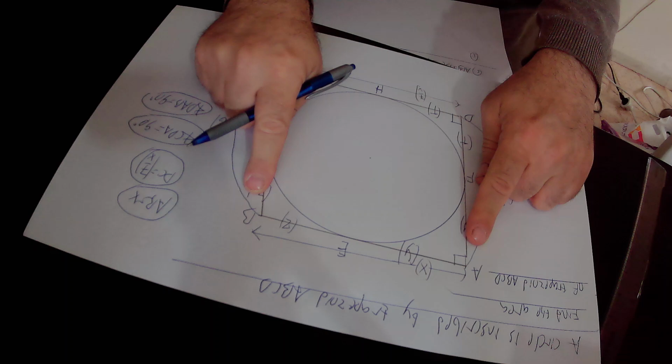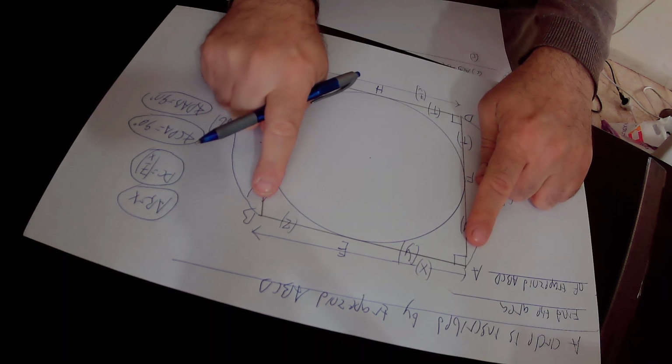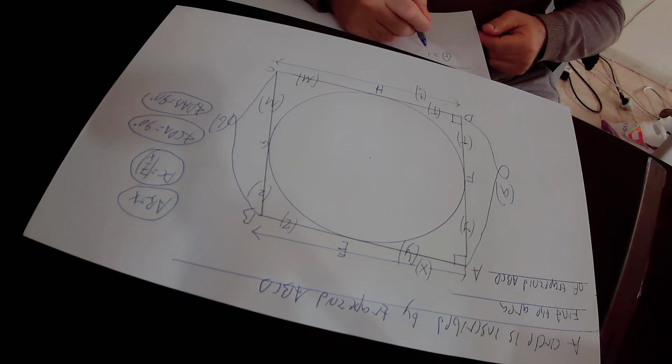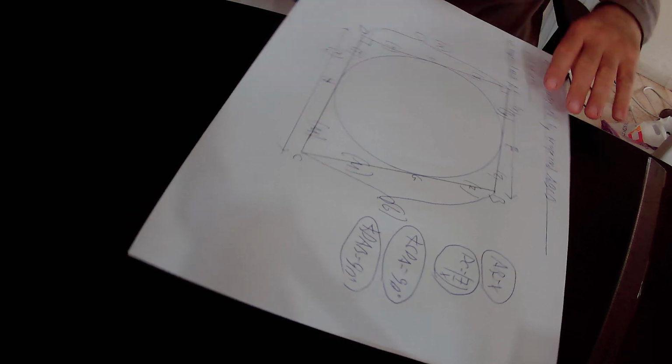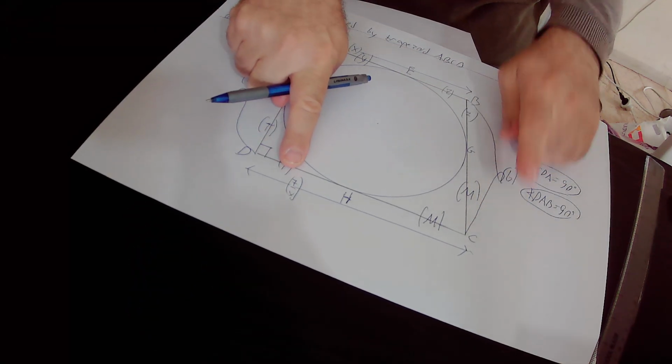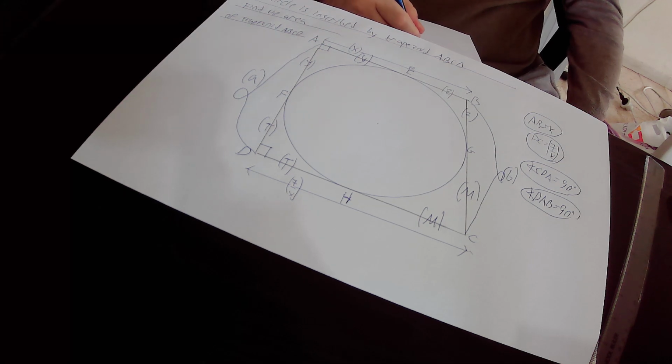AB equals X, according to what is given in the question, plus DC. DC equals 7 over X, according to what is given in the question.